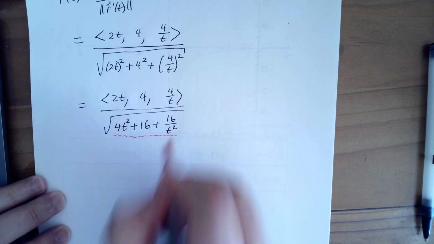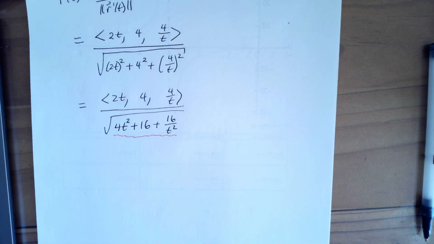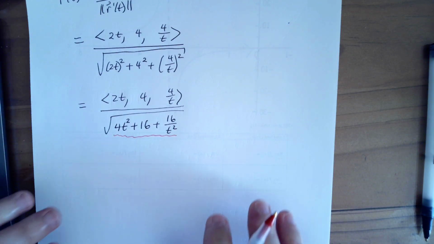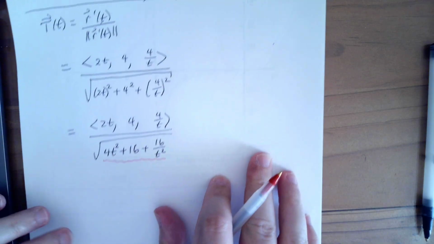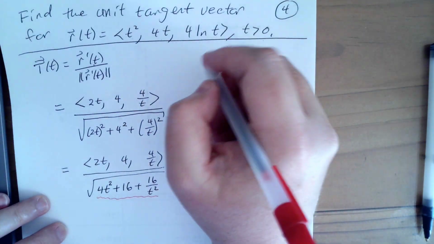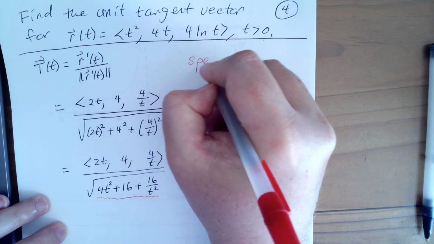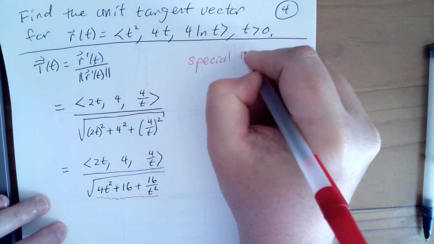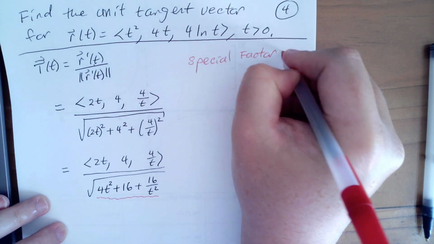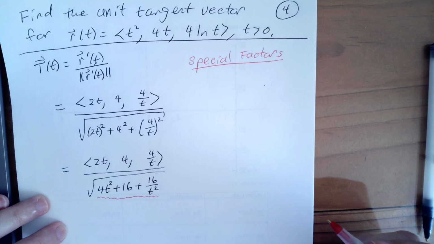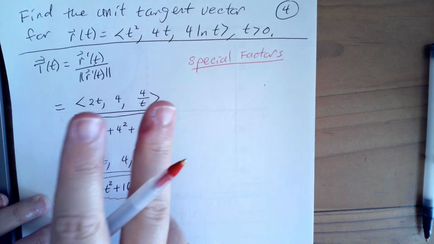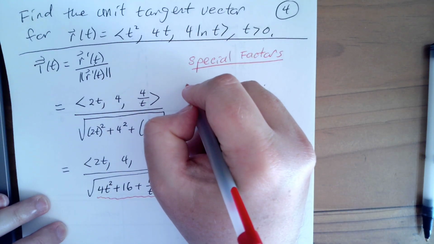Now, I think we can try to factor the stuff that's under the square root, in other words, the radicand. And we can factor this, but we have to recall something from algebra. I'm going to do this over here. We have to recall our special factors, and there are 2 of them. Here's the first one.